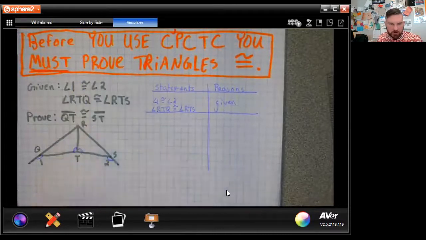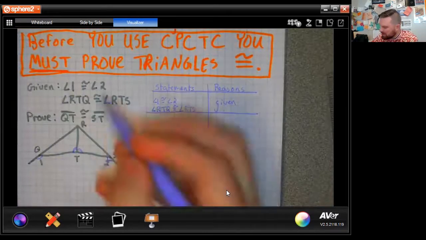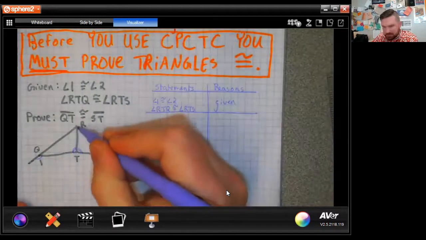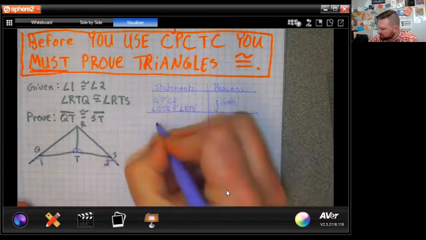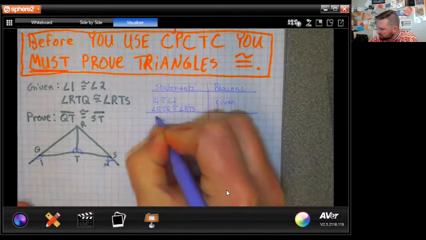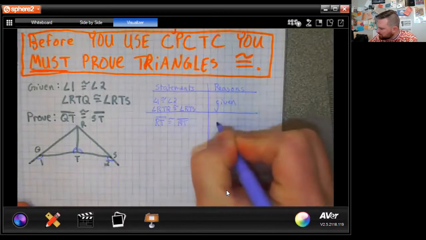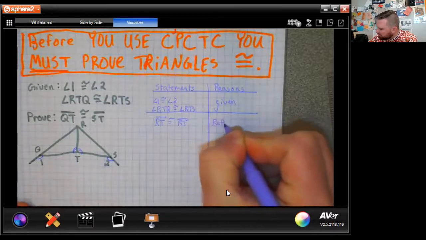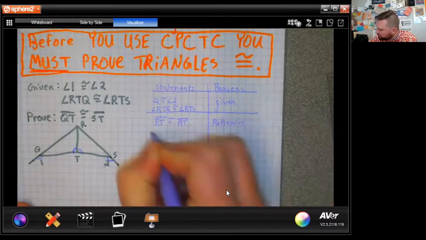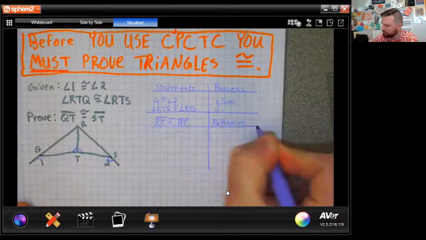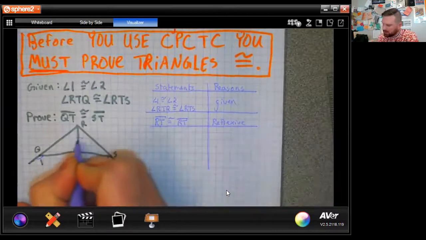So let's look at some parts of those triangles. I notice that they both share this side, RT. So we'll say segment RT is congruent to segment RT, and that is reflexive. And I'll put that there.